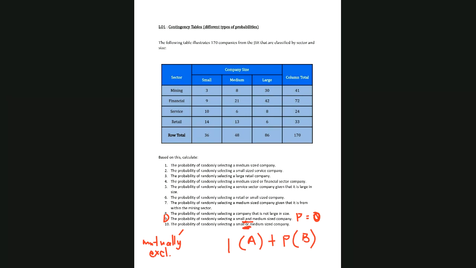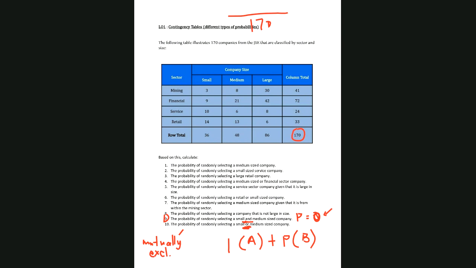So this is why we had 0 for the previous one, where we said that both can't occur together, but we can have an answer if we say one or the other. And it's calculated by taking the probability of the one plus the probability of the other. So here we can again have it over one denominator, which is your total sample size of 170.